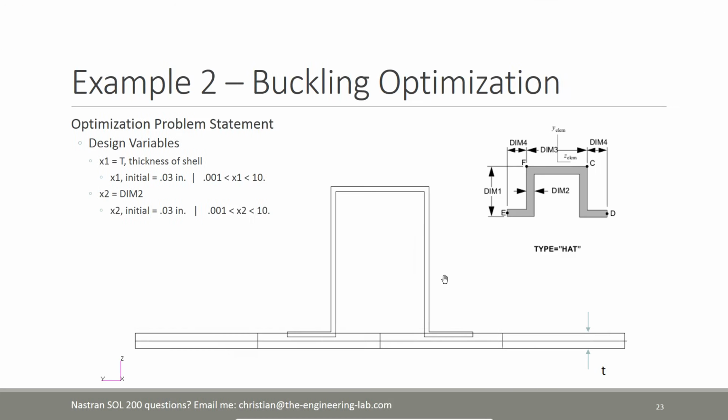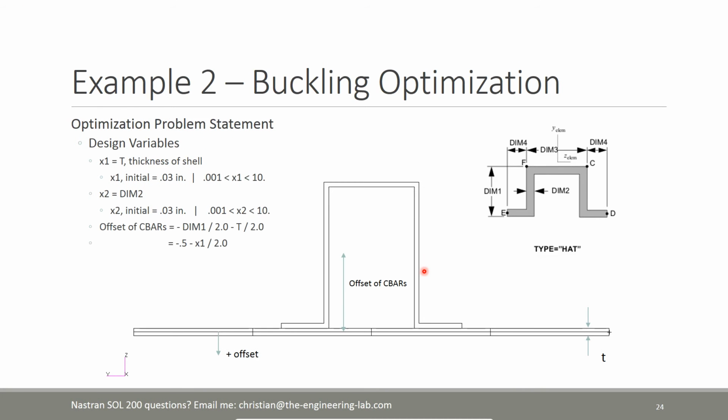So what we have to do is also impose an offset relationship that you see defined in this expression. We are going to define the offset as starting from this midline of the shell element, going up half the thickness, so that would be from this midline to half the thickness, so that would be here. And then we're going to go up half the height of the ring stiffener up to here.